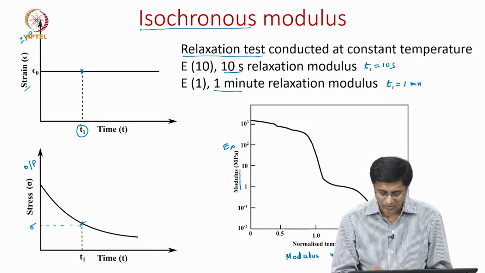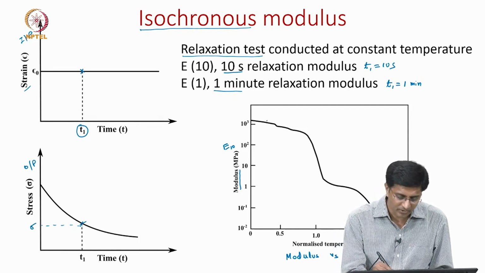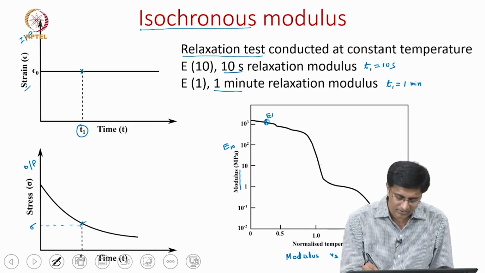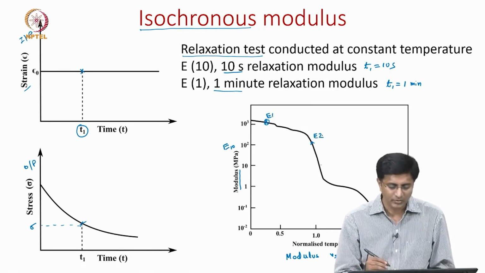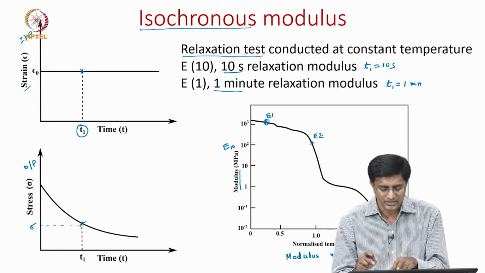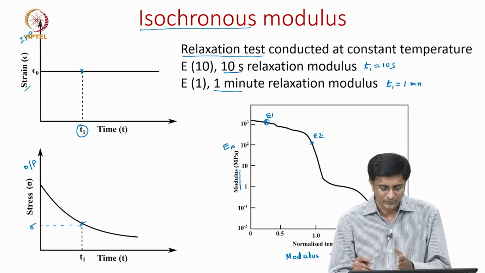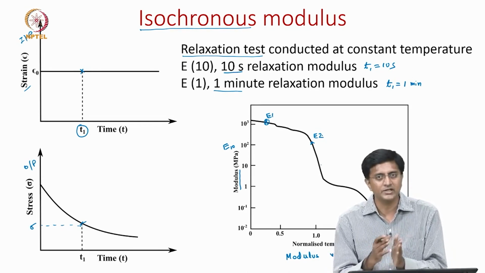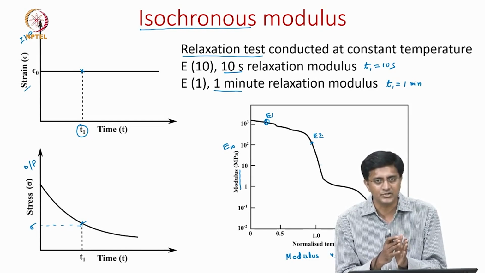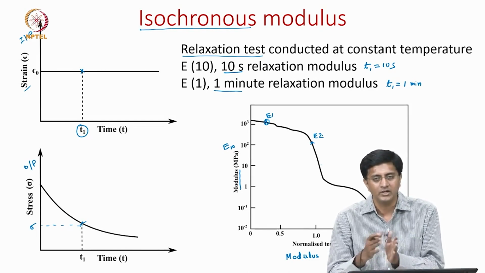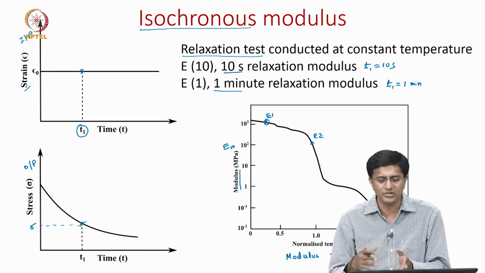For example, here we are looking at variation with temperature. Let us say you do an experiment, this is your experiment 1 and this is your experiment 2. Basically you do 2 relaxation tests at 2 different temperatures. Let us say E1 is done at a very low temperature, say at 0 degrees, and E2 is done at a relatively higher temperature, maybe at room temperature.